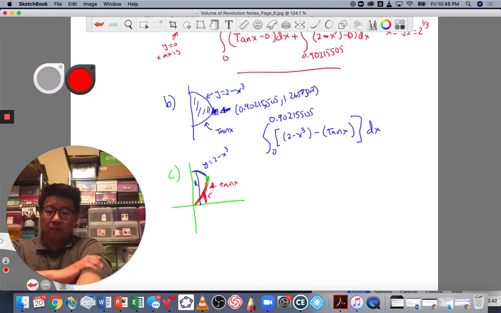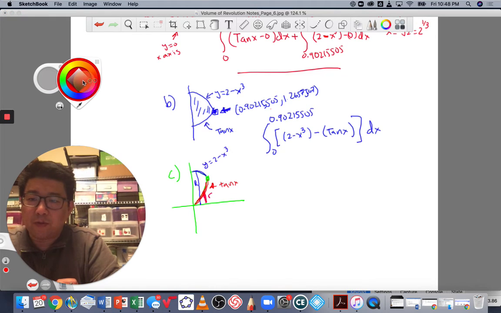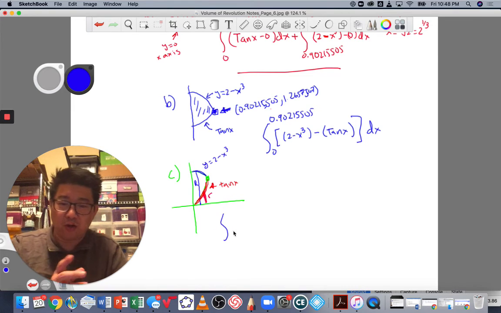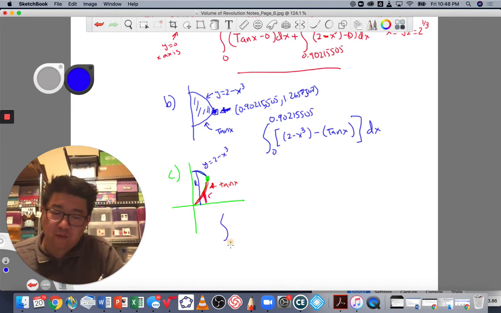Okay, so to set up our integral then, remember it's pi r squared all the time, so this would be from 0 to 0.90215505. Top minus the axis of rotation.